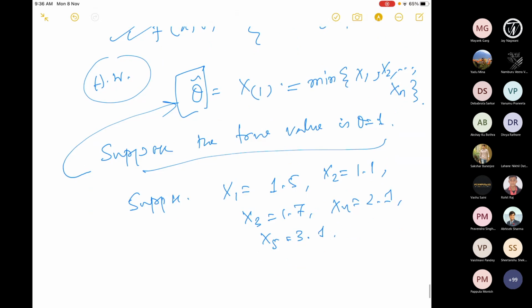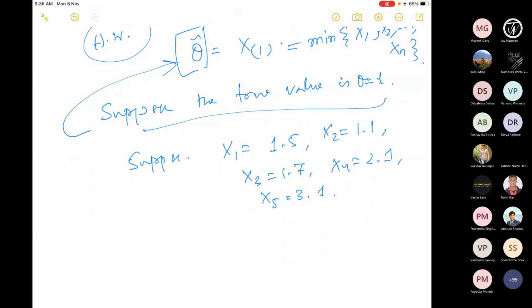Suppose this is my sample data. Then based on this sample data, my theta hat value is the minimum of all these, which is 1.1. So this is my estimated value for theta.